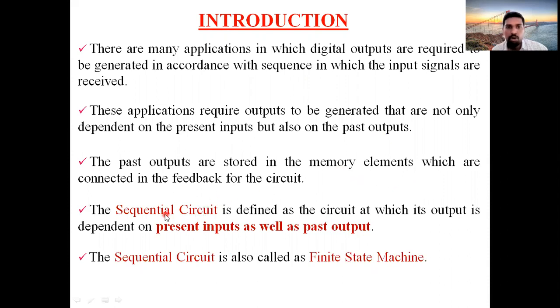So how can you define the sequential circuit? The sequential circuit is defined as the circuit at which the output depends on the present inputs as well as the past outputs. The sequential circuit is also called a finite state machine.